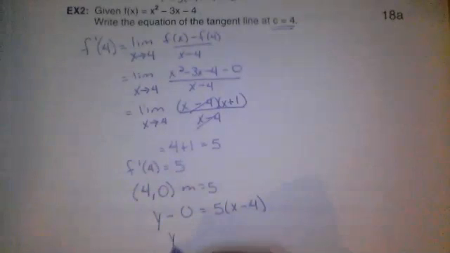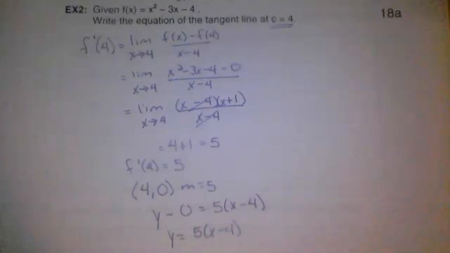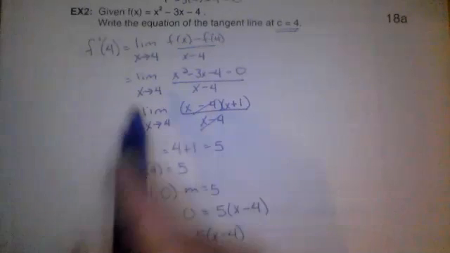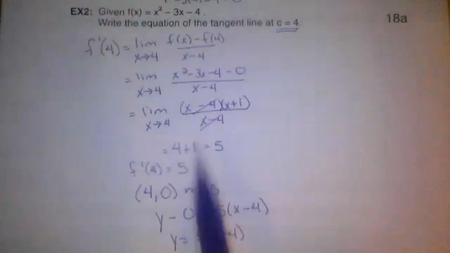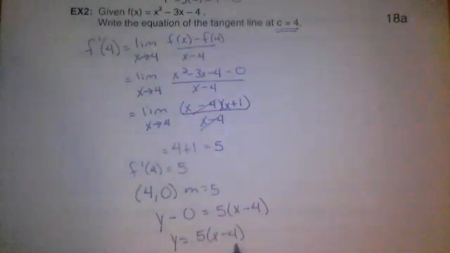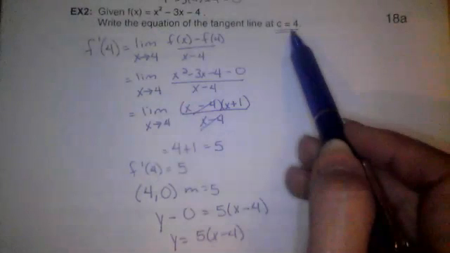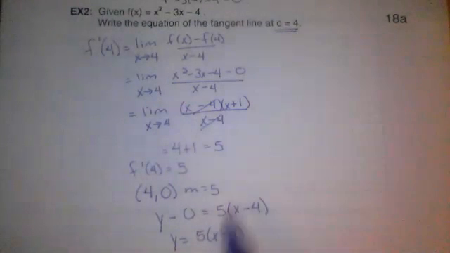Or we have y equals 5 times x minus 4. And again, you could check this on the calculator. You could type your equation in for the curve, and type the equation in for the tangent line, and at our point, when x is 4, this should run right past that curve, just on the outside.